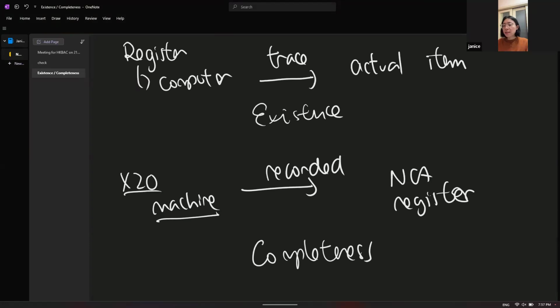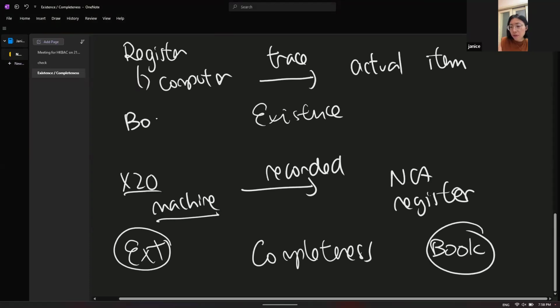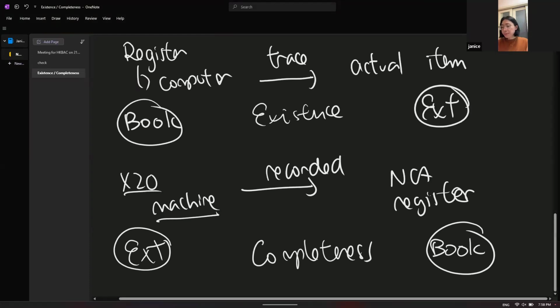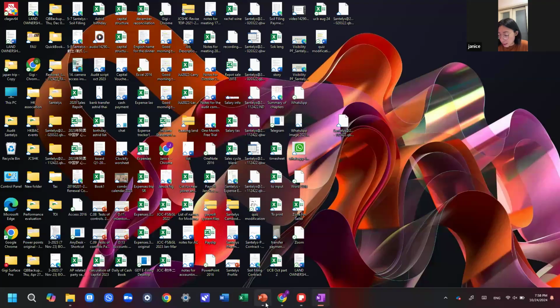If I simplify, it is external item to my books. Books to external item, okay? All right, so it's very important the way you write in your answer as well. Good, all right, I think you guys get that.